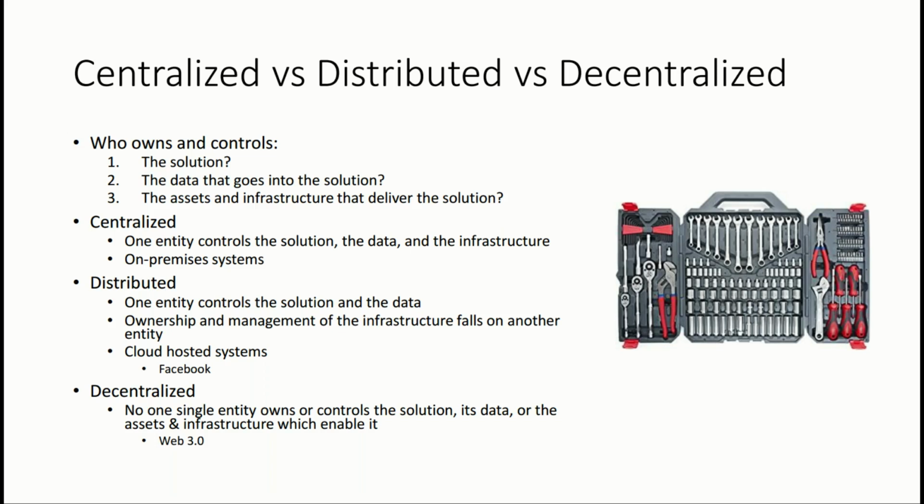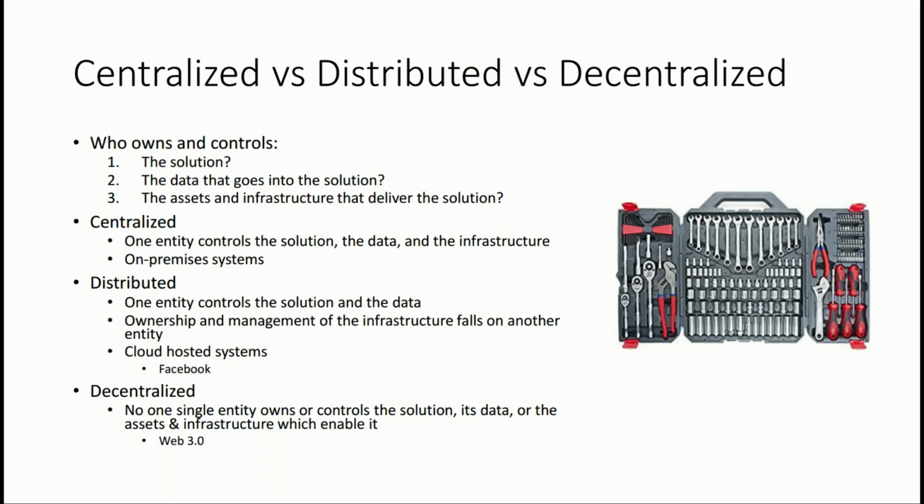When you think of a centralized solution, you can think of the way that many IT solutions were 15 to 20 years ago, where all solutions were maintained on-prem. So we had one single owner of the solution. That owner of the solution also owned and controlled all the data that went into it. And all the assets and infrastructure which delivered that solution were typically hosted in an on-site data center or server room.